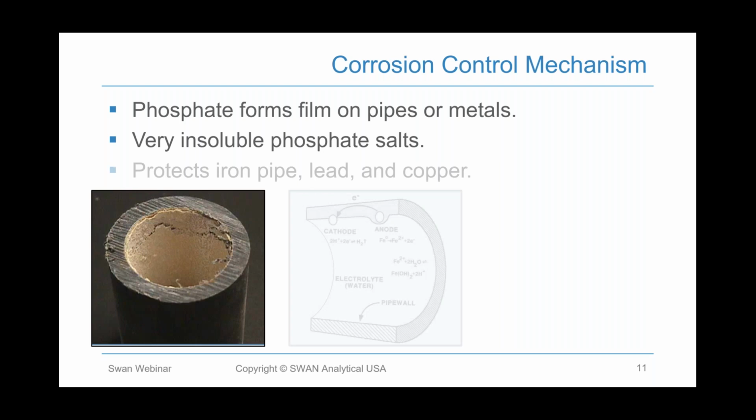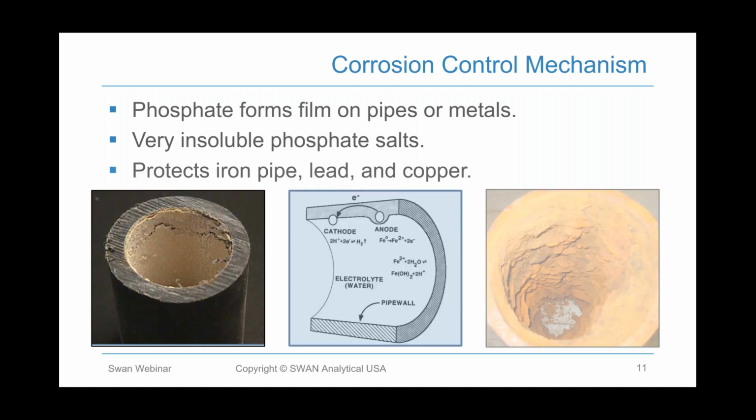The middle picture there shows how that cathode and anode works on the inside of a pipe. There are many, many places along the pipe where this is happening, where part of the pipe is acting as a cathode, part of the pipe is acting as an anode, and you get the reduction and addition of electrons.